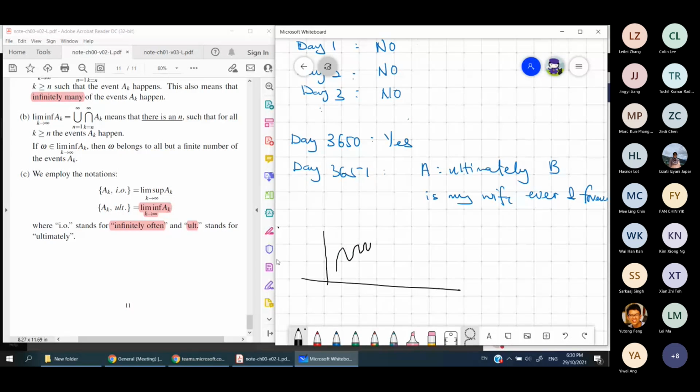But after a while, it will go to an equilibrium state, and then the state will not change anymore. Assuming the equilibrium state, this actually belongs to ultimately.